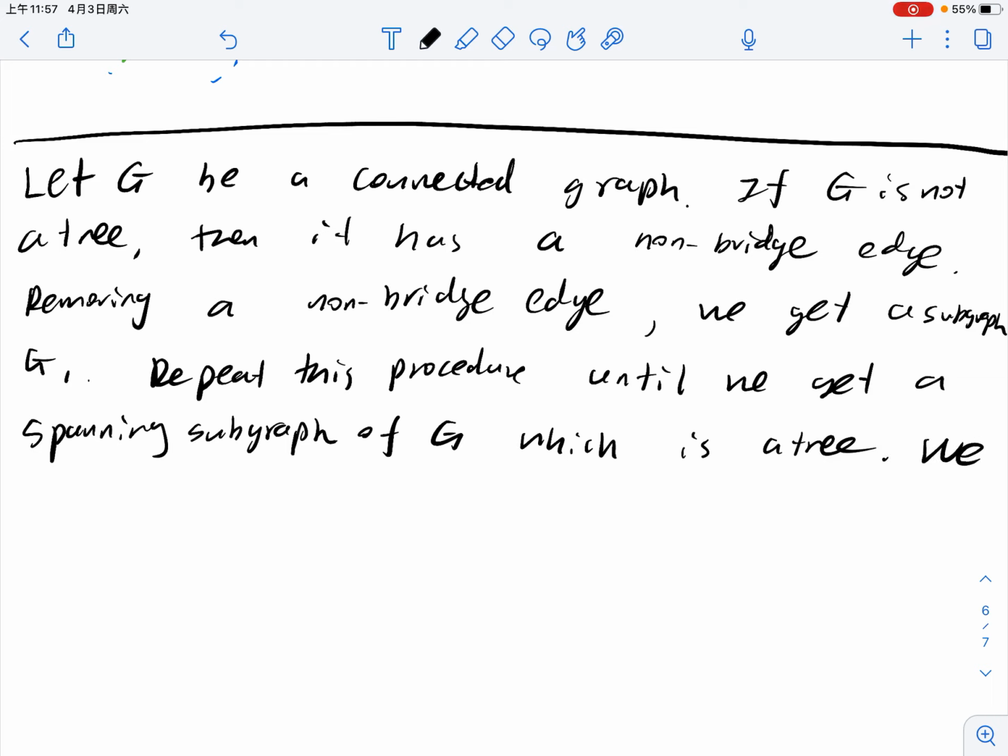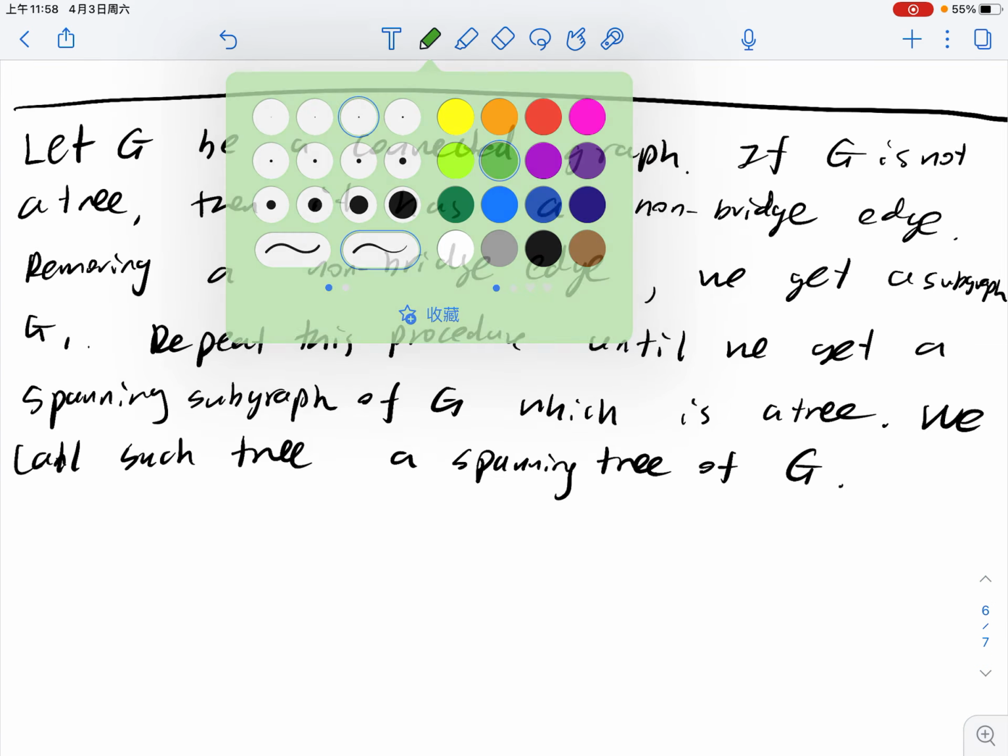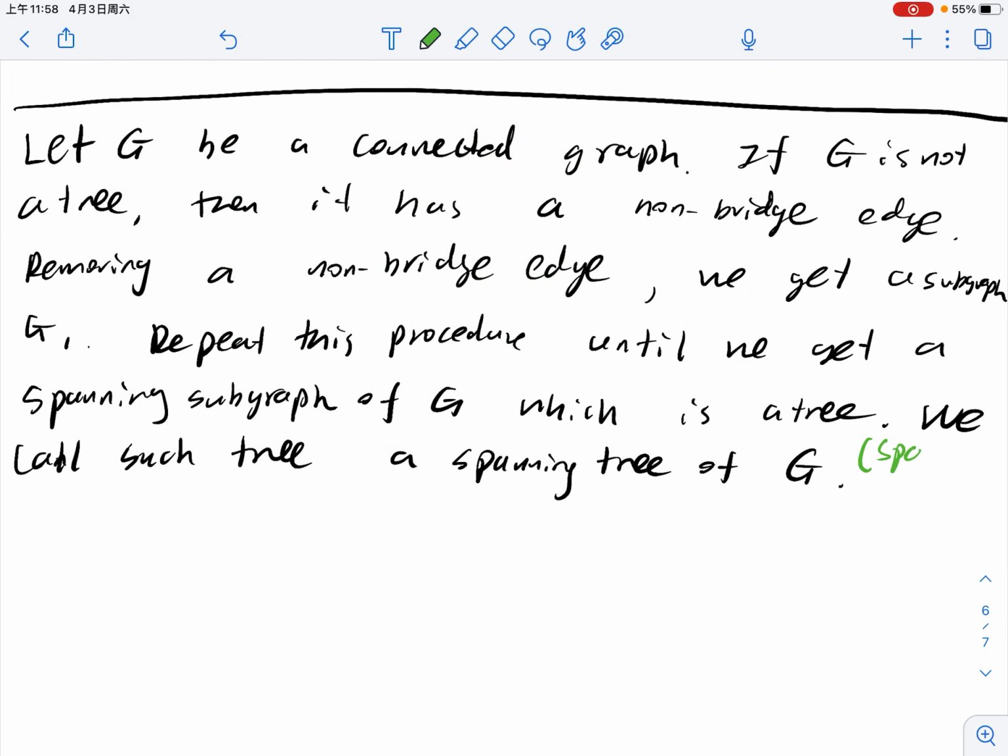And then we call such a tree a spanning tree of G. An immediate remark is that a spanning tree is not unique.